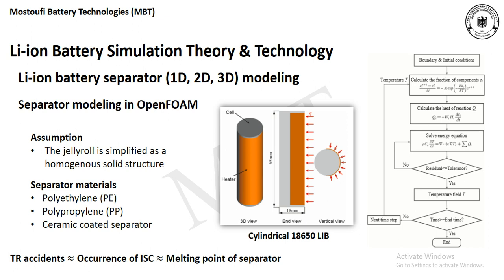After simulating this battery cell in OpenFOAM, you need to consider that thermal runaway accidents are associated with the occurrence of internal short circuit conditions, and that's a result of the melting point of the separator.